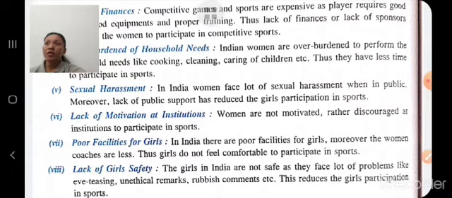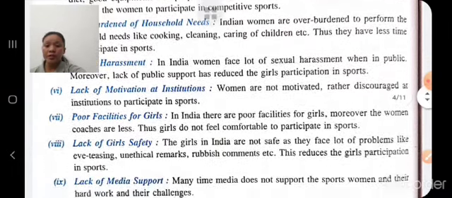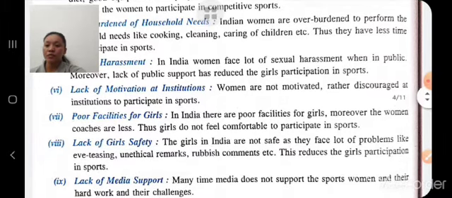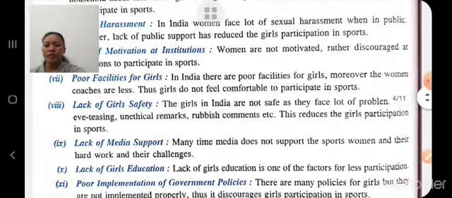Lack of support by the public. Lack of motivation. Women are not motivated, rather they are discouraged from participating in sports. Poor facilities for girls. Lack of girls' safety. Due to safety concerns also, they are not allowed to participate in sports.